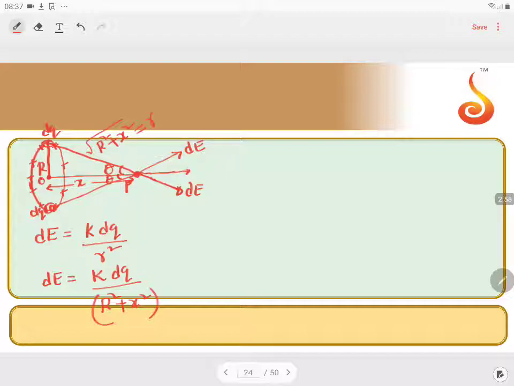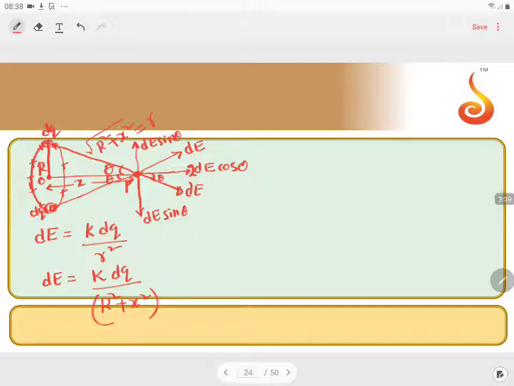The first dE, if we resolve, if this is theta, this also will be theta. So dE cos theta and dE sin theta. Similarly, the second dE if we resolve, dE cos theta will come here again. So it will become 2 dE cos theta and here dE sin theta.